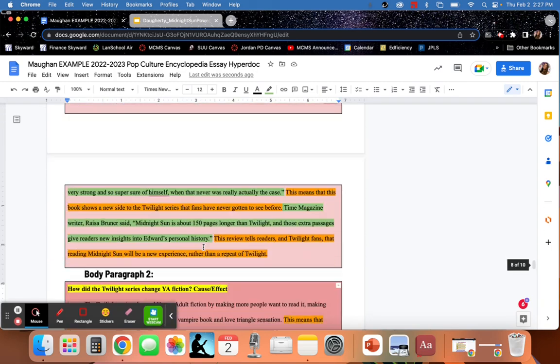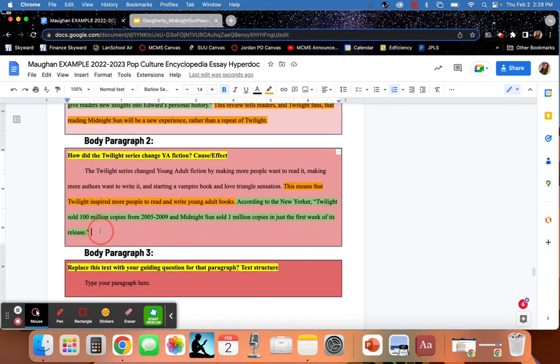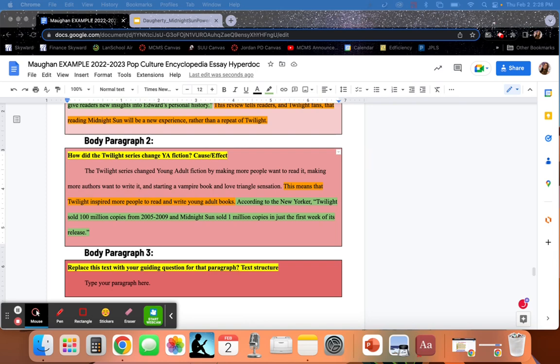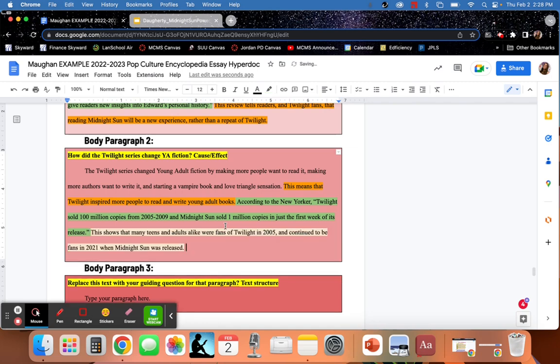Now I'm just going to elaborate on that same example, coming back up here. My fourth sentence will be an elaboration. And once again, I'm trying to show cause and effect. Whatever text structure you chose, hopefully you are able to figure out how to do an elaboration where you are showing cause and effect, chronological order, problem, solution.